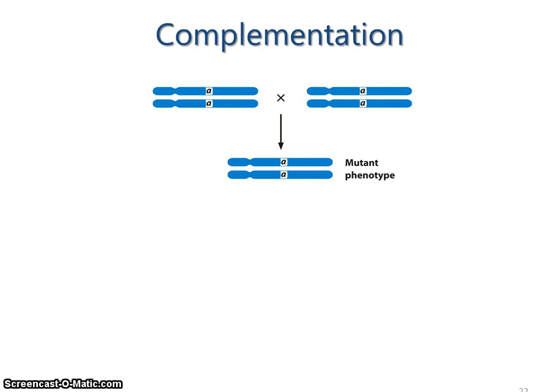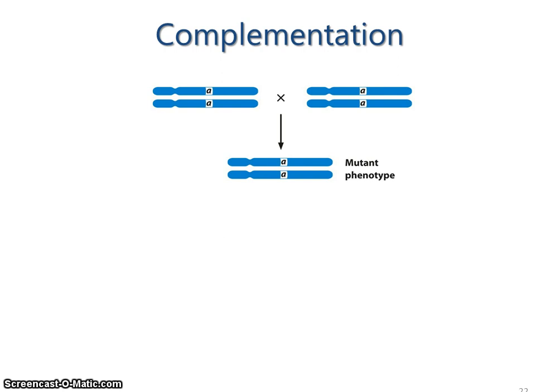So is the same gene for any of these 10 individuals causing the phenotype that I'm seeing? And so you might do a complementation test where you breed those two individuals together and look at their progeny and see if their progeny also have the phenotype.